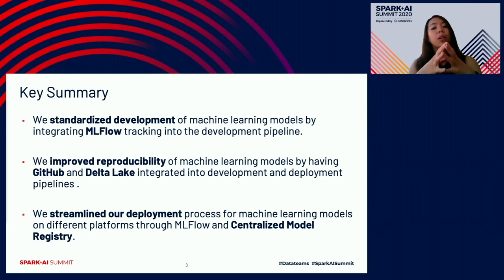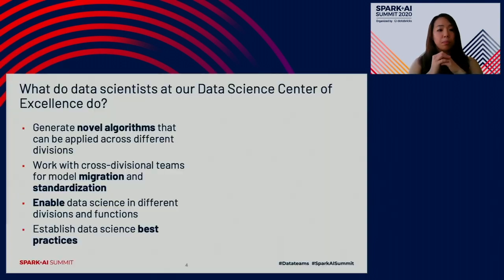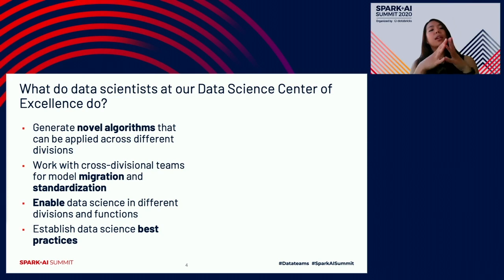Why these are so important for our team to set up is also highly relevant to what we data scientists do in our Data Science Center of Excellence. So what do data scientists at our Data Science Center of Excellence do? We generate a lot of new novel algorithms that can be applied across different divisions, and we work with cross-divisional teams to migrate models, and in this kind of cases, model standardization is actually very important for both productivity and reproducibility.